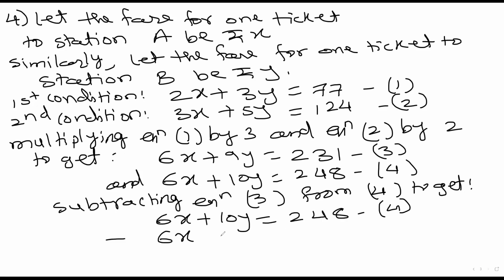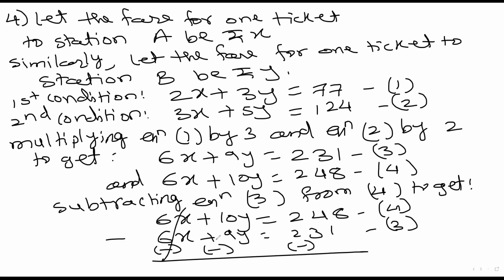Subtract 6x plus 9y is equal to 231. When you subtract, it will be negative. So 6x will get cancelled out. 10y minus 9y is y. 248 minus 231 is 17. So y is 17. This is our answer.